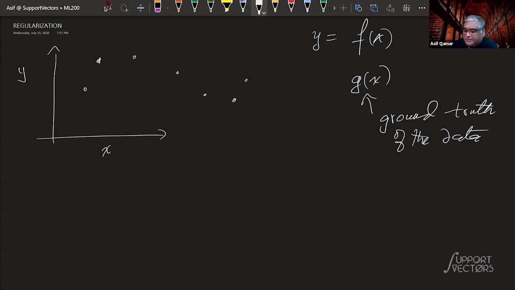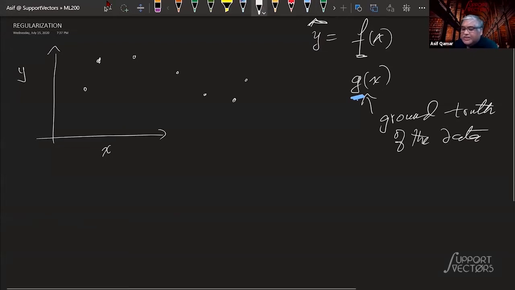So I will keep these points, and let's see what sort of curves we can draw through them. Again, let me be clear with the terminology. G is our ground truth. It is that which you don't know. It is the function that has actually produced the data. What is our task? Our task is to build a machine learning model, Y hat.